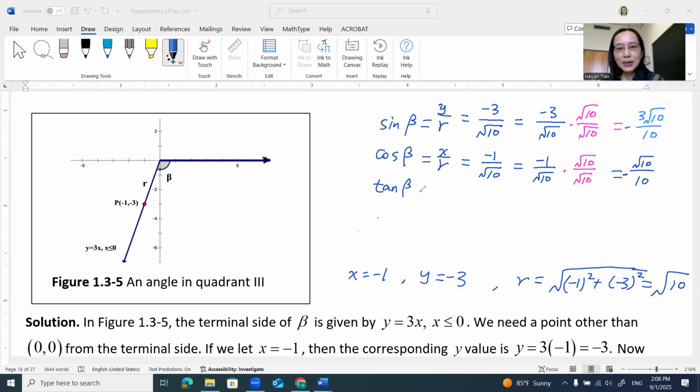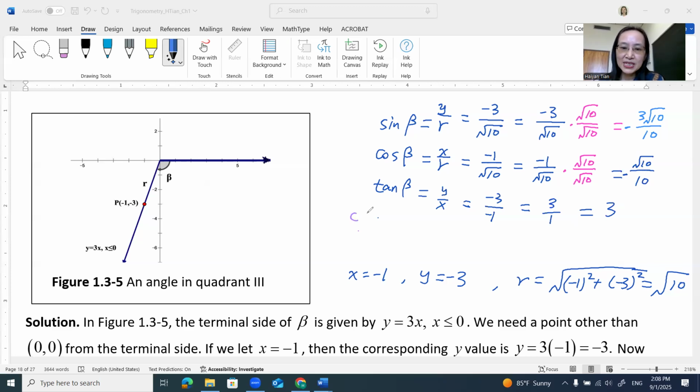Then tangent. So tangent beta is y over x. Y is -3, x is -1. After we cancel the negative signs, you get 3 over 1, which is 3. So now we are ready to calculate the other 3 functions, since we already have the first 3.